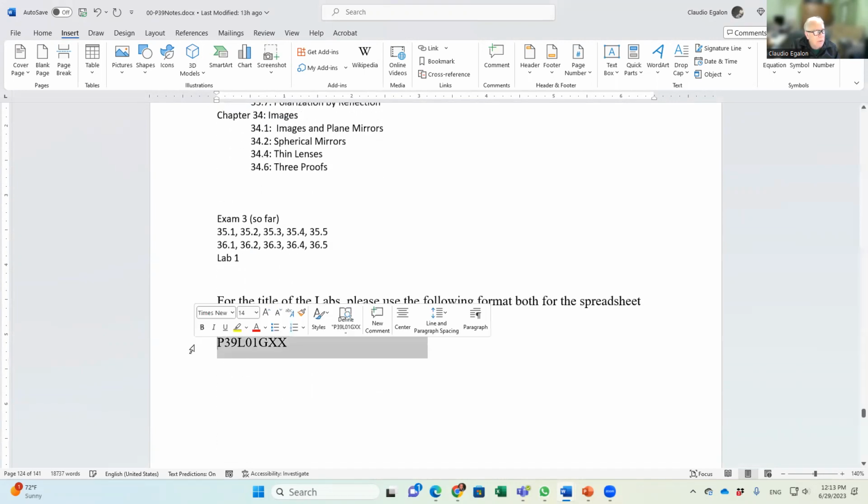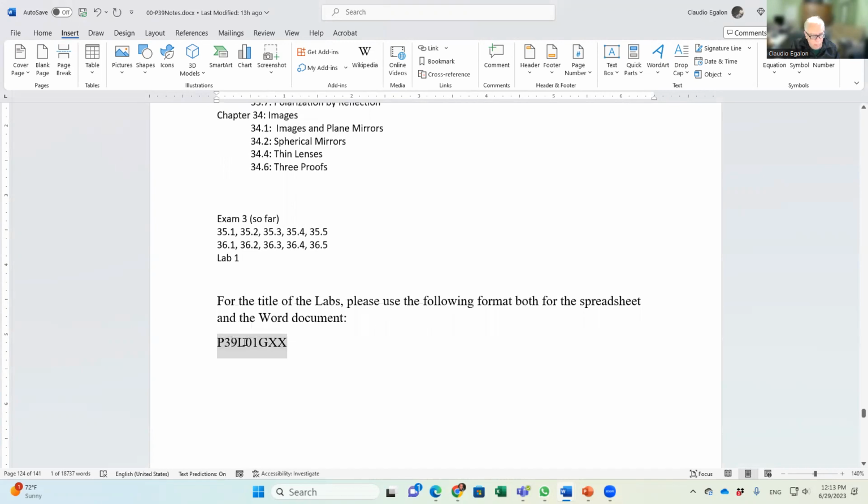Lab 2, same format. Lab 3, and so on, okay? Where XX is your 2-digit group number.